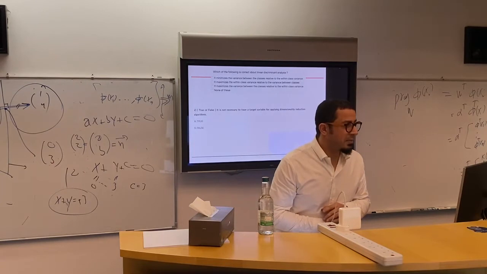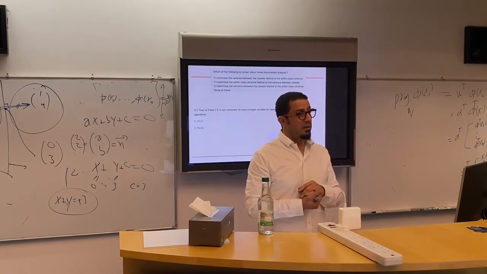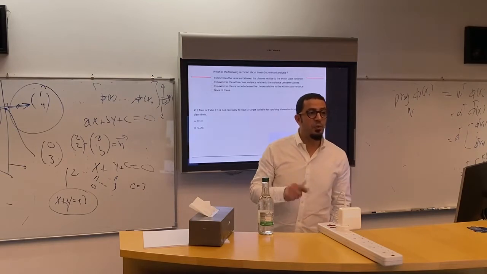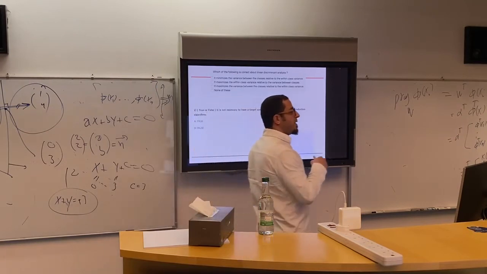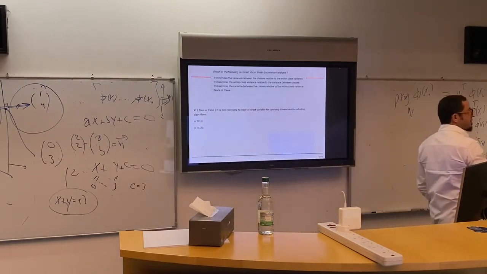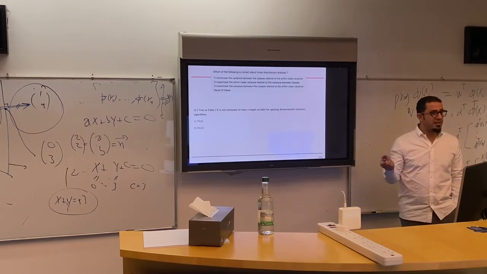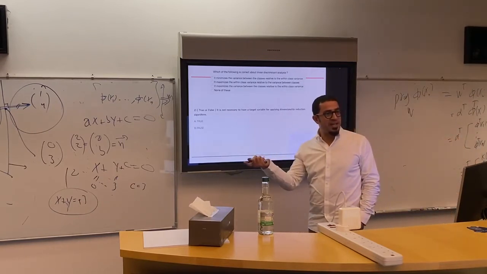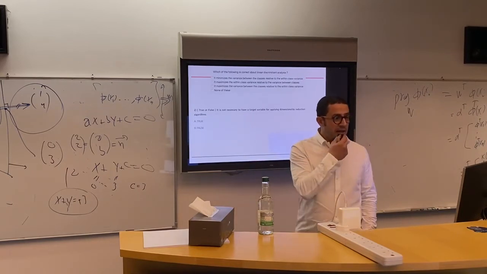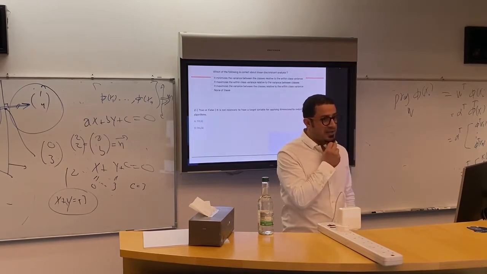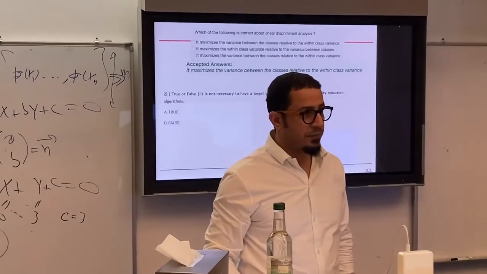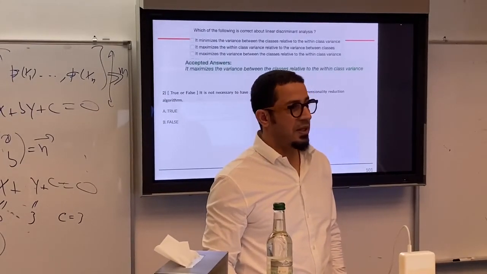What does it mean? It means minimizing the variance of each class, within the classes. Okay. Second one, maximize the within class variance. Third one, maximize the variance between the classes relative to the within class. Yes. So you maximize the variance between the classes.